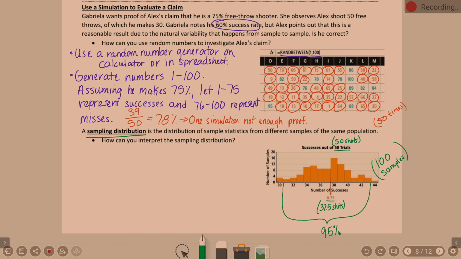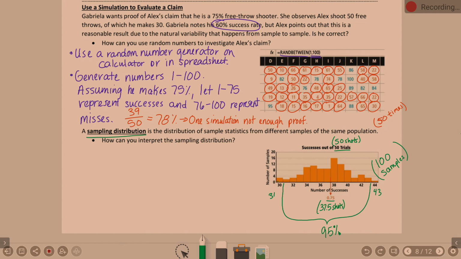So when we're talking about this sampling distribution, 95% is going to be falling, well, let's see, if that first one is 30, we're looking at 31 up to 43, if you will.